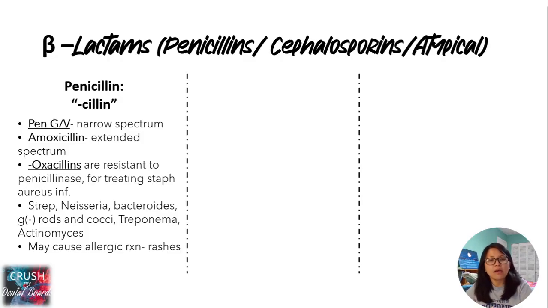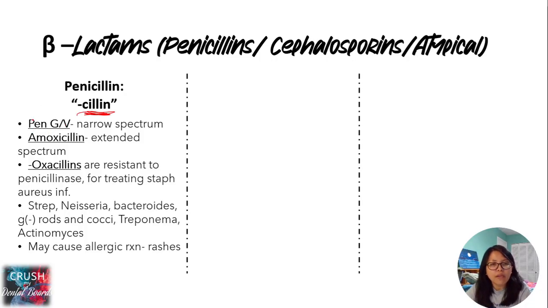So let's start with beta-lactams. Under this category fall penicillins, cephalosporins, and your atypical beta-lactams. One way to remember the penicillins is anything that ends with cillin. Examples are penicillin G and V, the very basic ones.